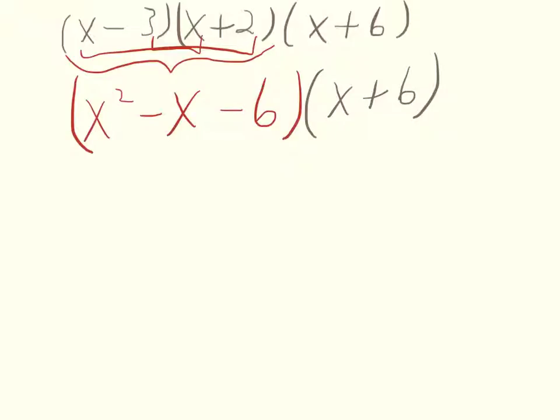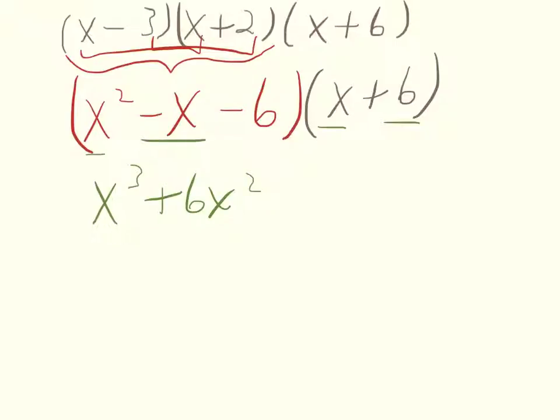Okay, and we are back to this process that I have called modified FOIL. And this time I'm going to show you the way I normally write it, which is just to do the first term with the first term, x cubed. First term with the second term, 6x squared. That's using up the x squared with both of the others.